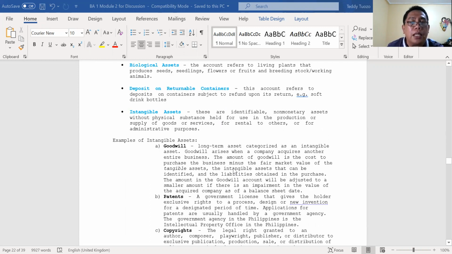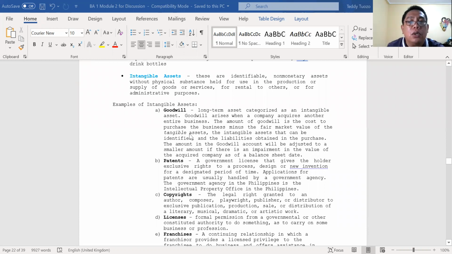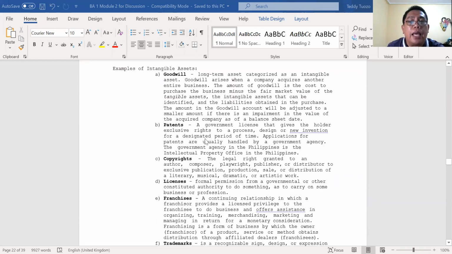And the intangible assets, these are identifiable non-monetary assets without physical substance for use in the production or supply of goods or services, for rental to others, or for administrative purposes. Examples of intangible assets: goodwill, patents.